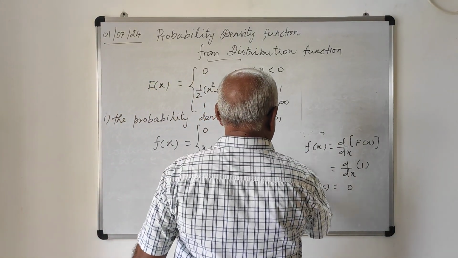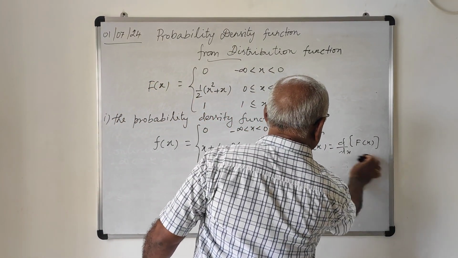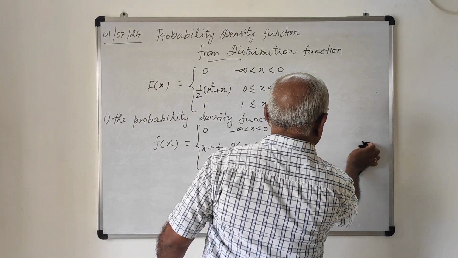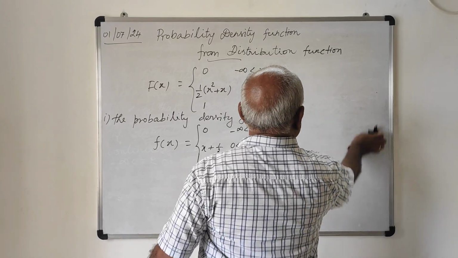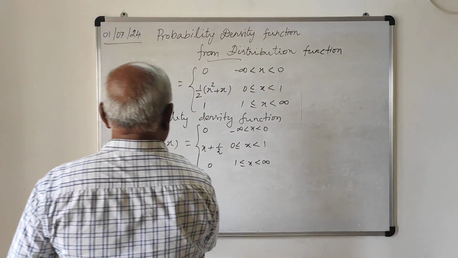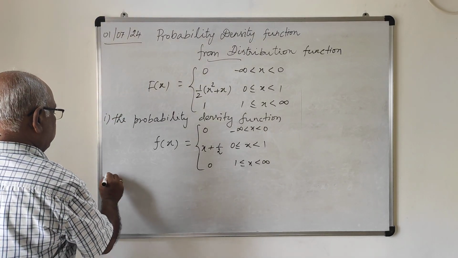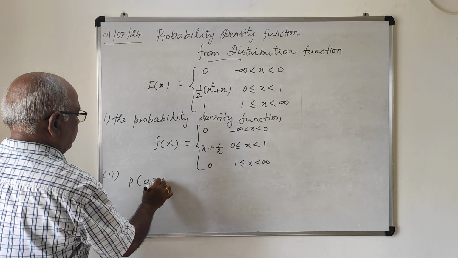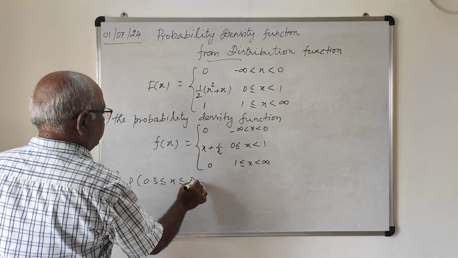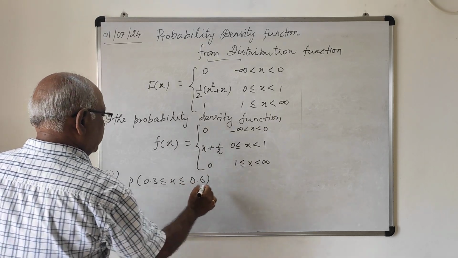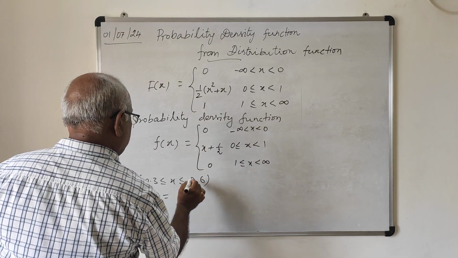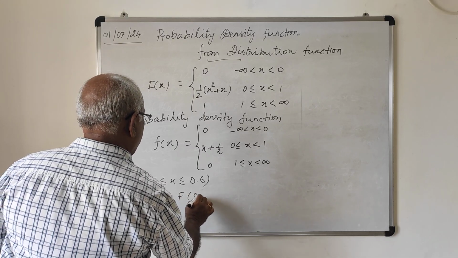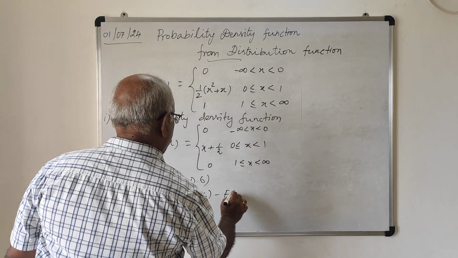Our second subdivision: the second question in the problem asks you to find the probability of 0.3 less than or equal to x less than or equal to 0.6. This is nothing but capital F of 0.6 minus capital F of 0.3.